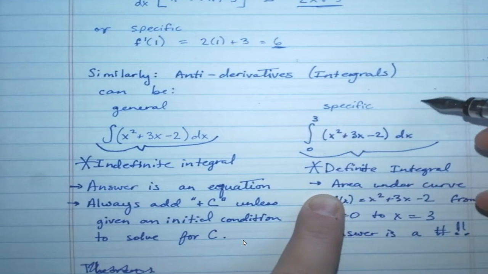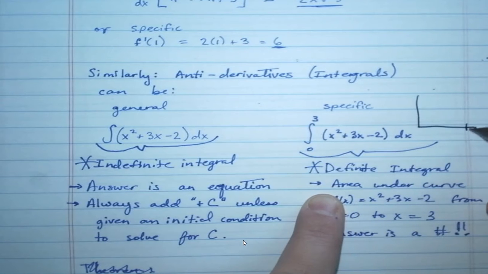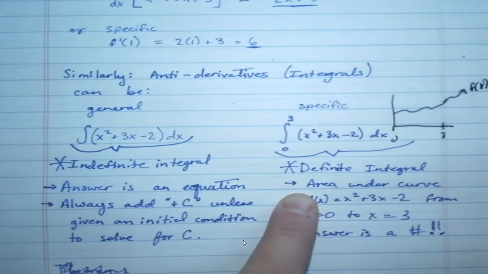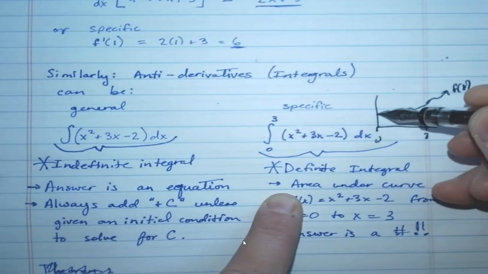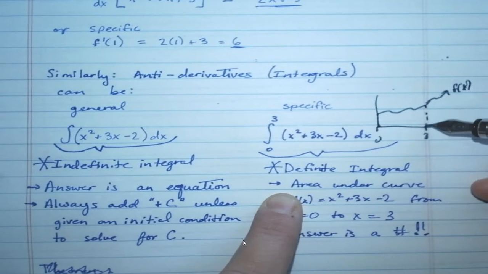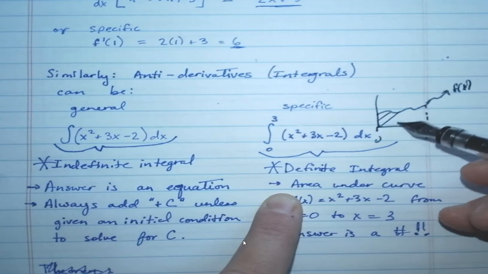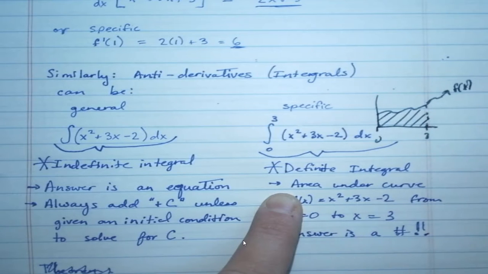So I'm going to draw this: here's x equals 3, here's 0, and here's f of x, whatever our original equation was. If I cut this off here and here, it tells me this area under this curve.